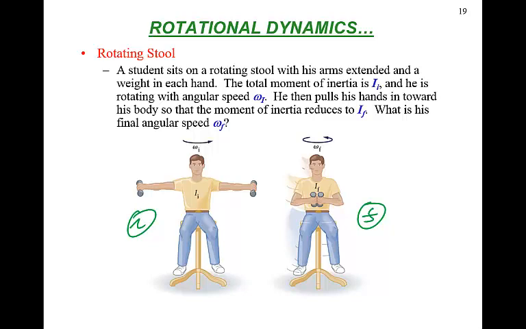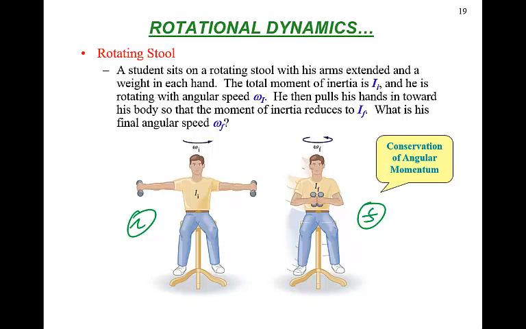We need to explain this. The action that was done by the student is an internal torque. He was moving his arms in and out. That's done internally. So that's not part of the net torque that comes from external forces.